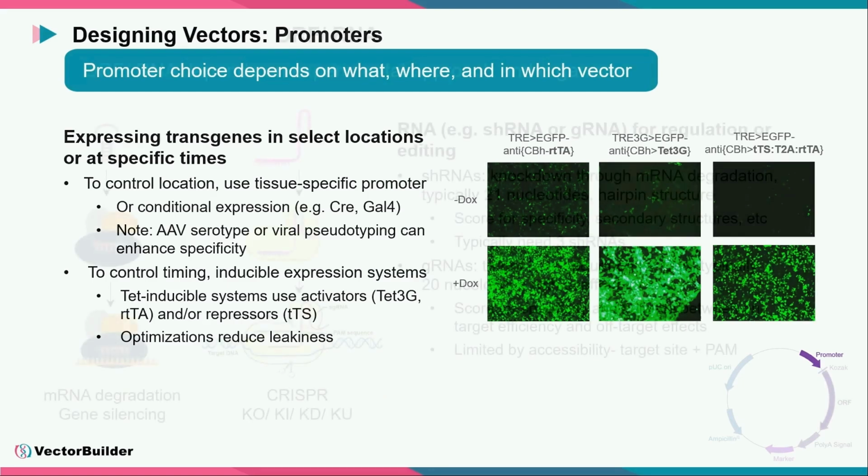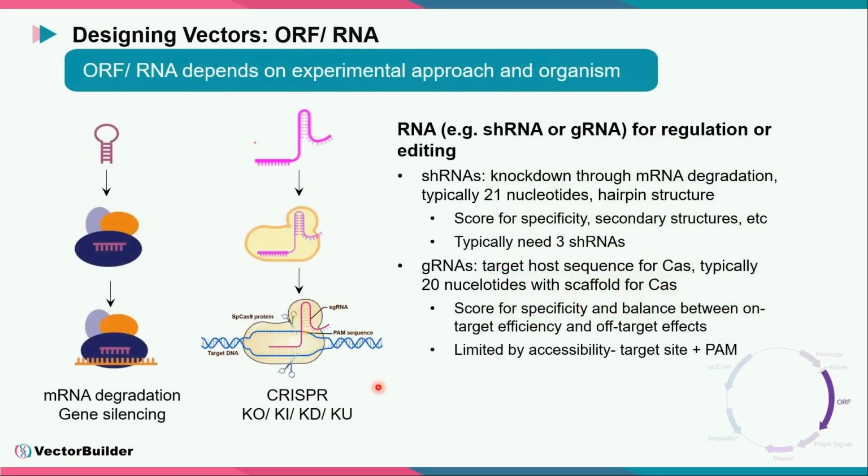So once we have our promoter all set and we know where and when we want this thing expressed, we have to consider actually what we are expressing, right? So we have a couple of different options. One very popular option is expressing an RNA, for instance, an shRNA or a gRNA for some sort of regulation or potentially genome editing.